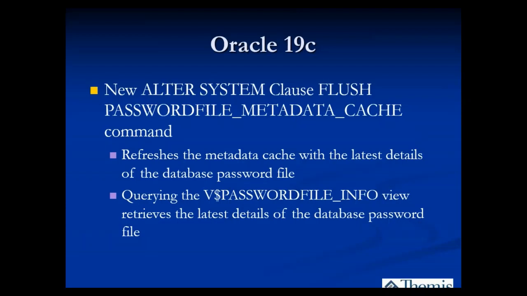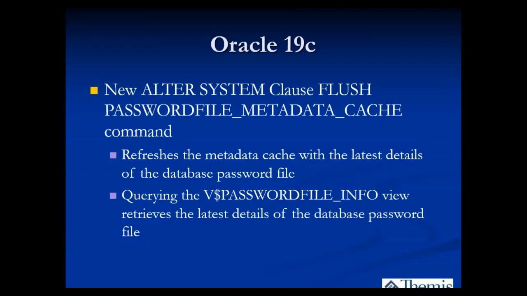So they're not in the database dictionary. So if I went out and changed the location of the file and did not run this command, the alter system command, to flush the new information back into memory, I would not be able to log in as a special user. So this is one of those features where people don't change their password file locations or their names very often, hardly ever actually.